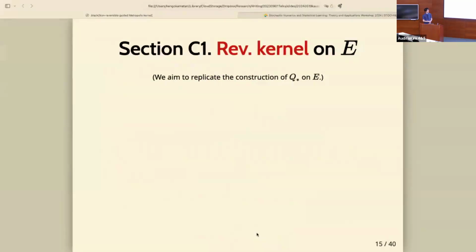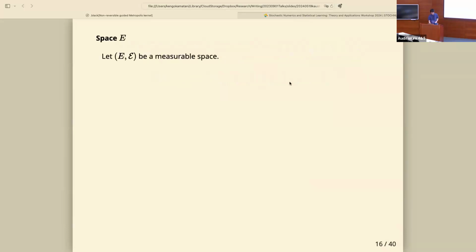So now we consider a reversible kernel, and the non-reversible kernel later, on the general space E. E is bigger than G. We aim to replicate the construction of Q star that is defined on G, but this time on E. So how to do that?